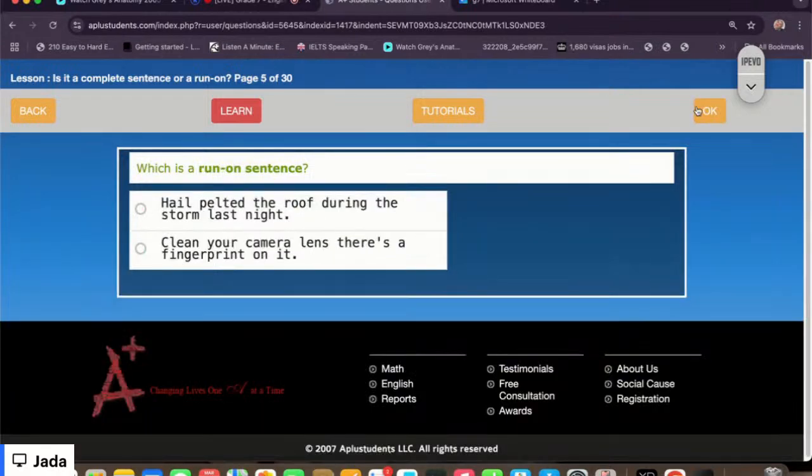Snow pleated the roof last night. Clean your camera lens, there's a fingerprint on it. What's the run-on sentence?